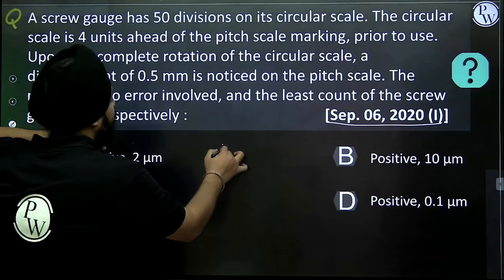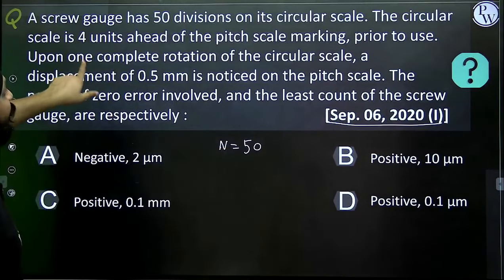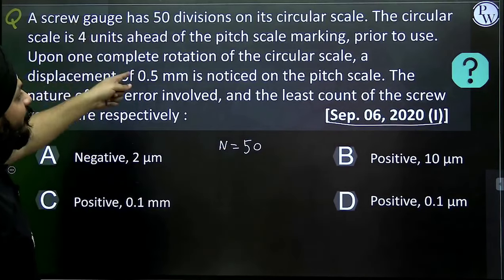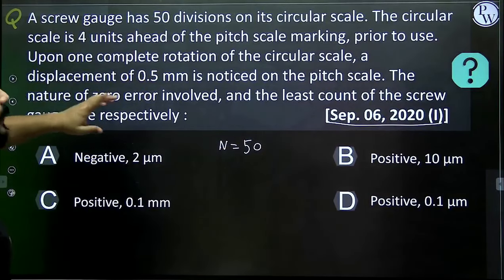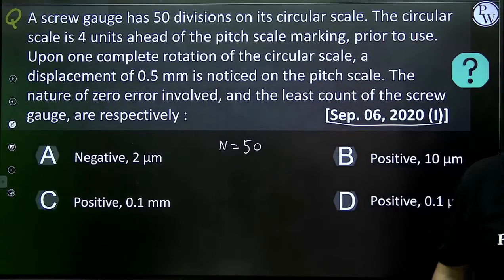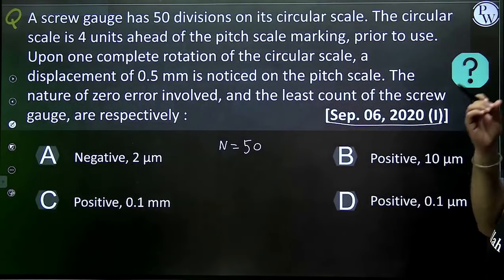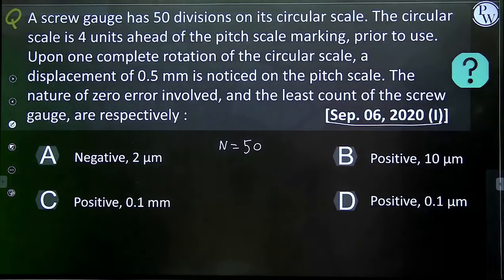So the number of divisions will be 50. The circular scale is 4 units ahead of the pitch scale marking prior to use.